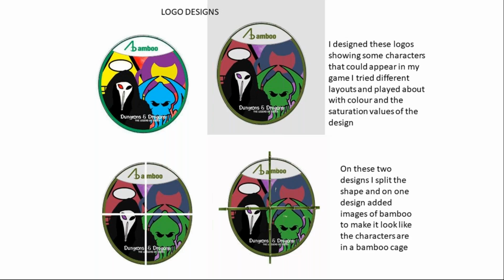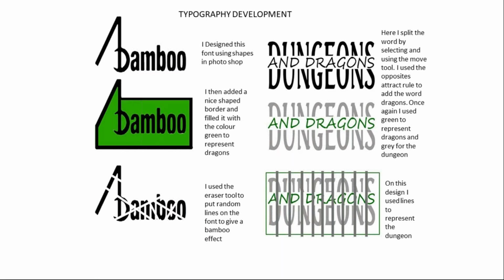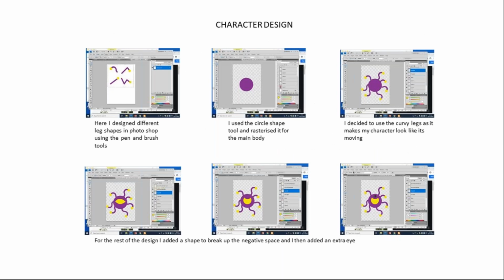So they've got some designs here, logo designs. Typography development. Again, same approach using software. They took a screenshot within the software application and annotated to try and explain what they've done and the techniques that they've used.